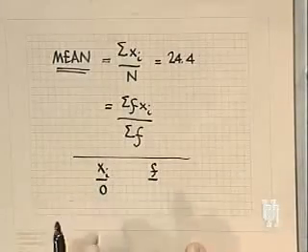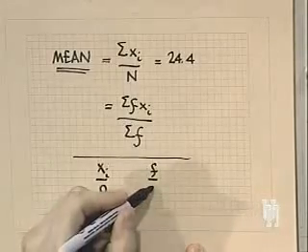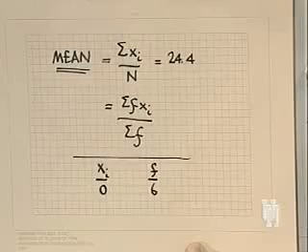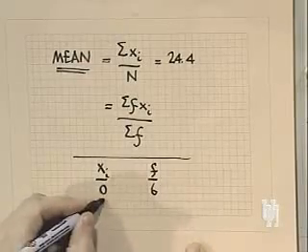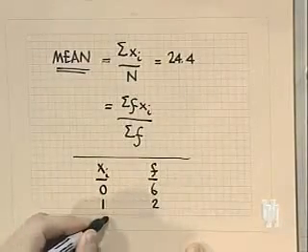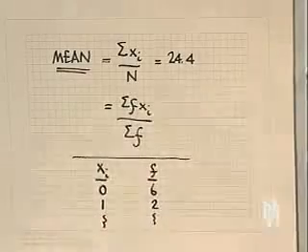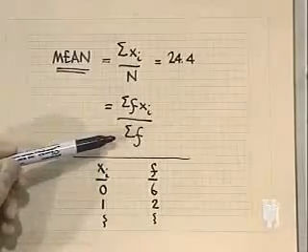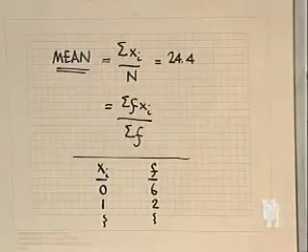You discovered that the number 0 occurred 6 times in the 90 scores. You discovered that the number 1 occurred twice, and so on and so on. The denominator here, then, the sum of f, is straightforward.